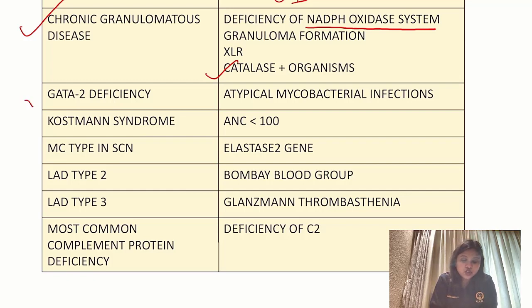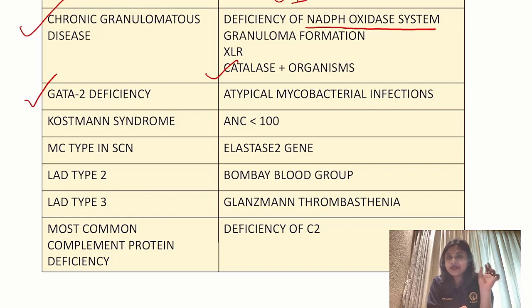Coming to GATA2 deficiency. In GATA2 deficiency, we'll have atypical mycobacterial infections. Kostmann syndrome. ANC, that is absolute neutrophil count, is less than 100. Usually in your question, you might not be asked what is the absolute neutrophil count in Kostmann syndrome. You can be asked that neutropenia is found in Kostmann syndrome as a one-liner, true or false.